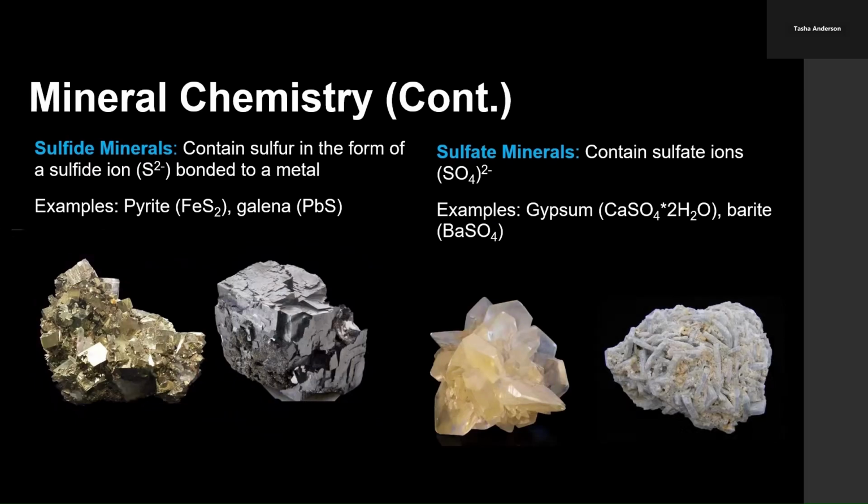Sulfide minerals contain sulfur in the form of sulfide ions, bonded to a metal like pyrite or galena. Sulfate minerals contain sulfate ions with gypsum and barite. Gypsum is special, though, as it is a hydrous mineral, meaning it contains water in the chemical formula.